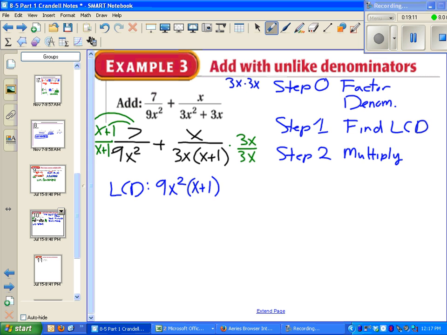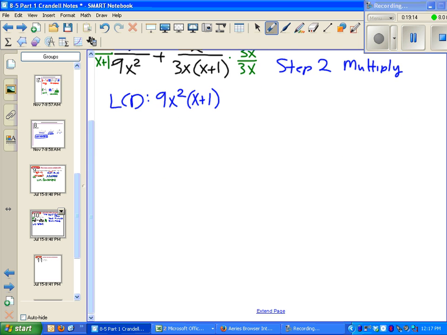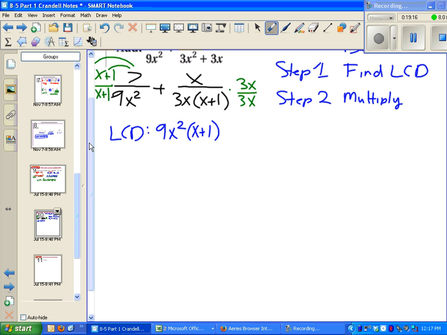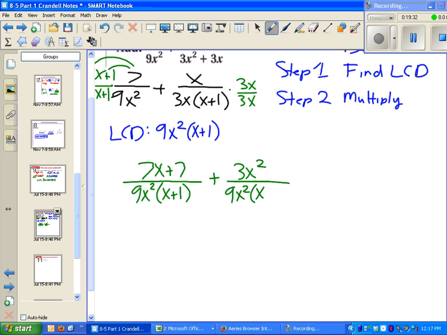We're multiplying everything. So we have the left fraction becomes 7x plus 7, all divided by 9x squared times x plus 1. Okay, plus 3x squared, and then if we multiply, we have 9x squared over x plus 1.